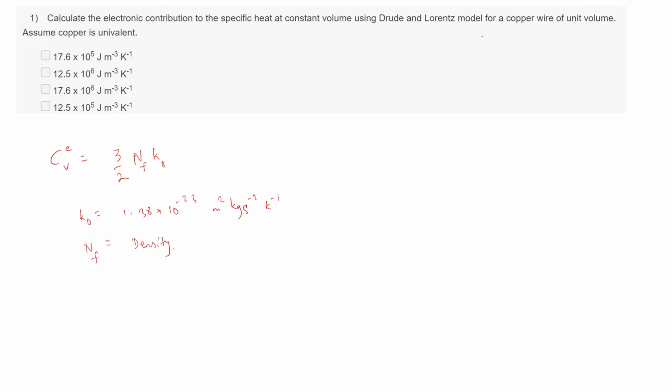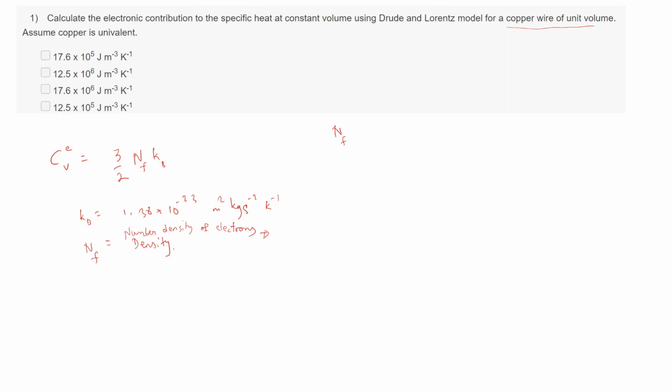Sorry, nF is the number density, not just density. Number density of electrons.